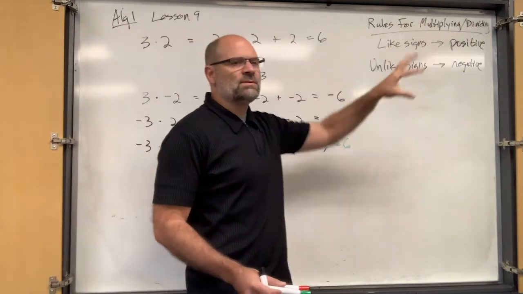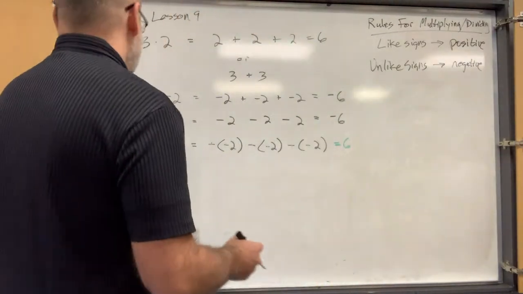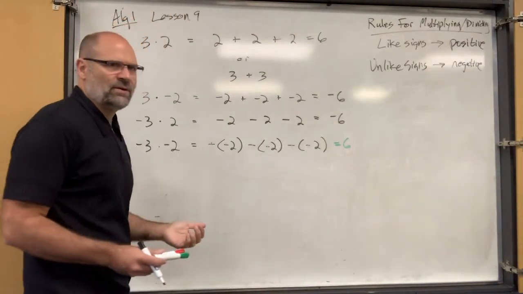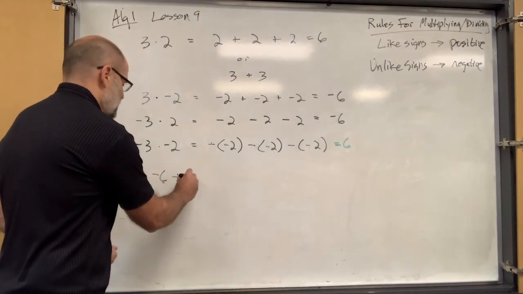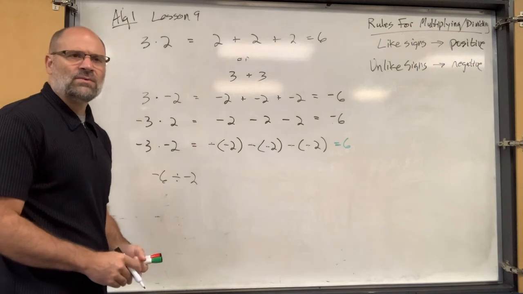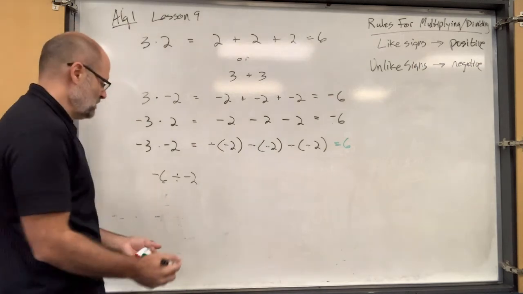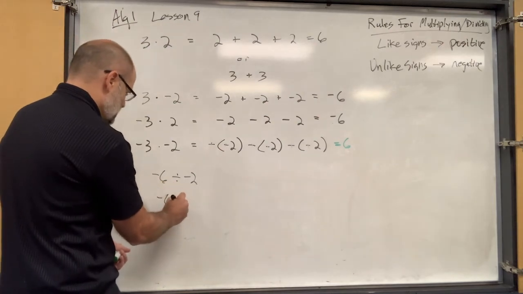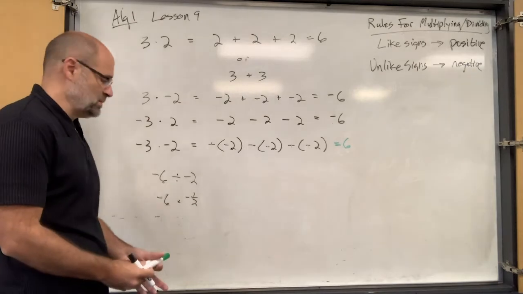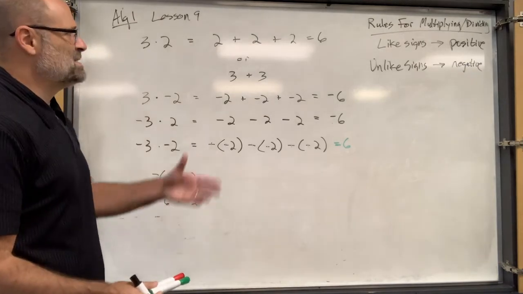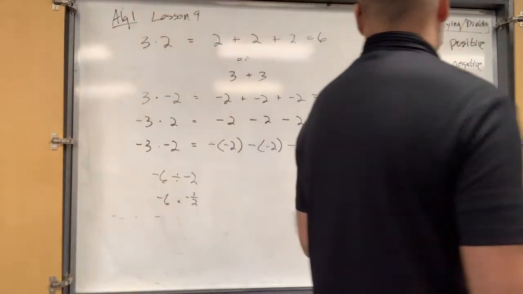So the same rules apply to division as they do multiplication, which kind of makes sense because you can always change any division problem into a multiplication problem, right? Copy dot flip, -6 times -1/2, the reciprocal. So it makes sense that the same rules apply to division as they do multiplication.